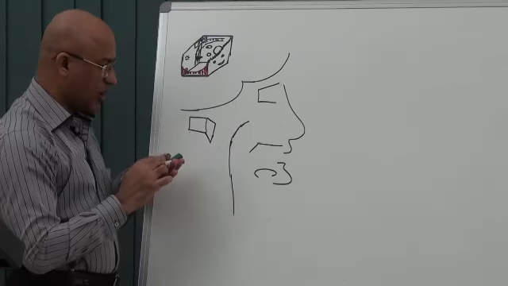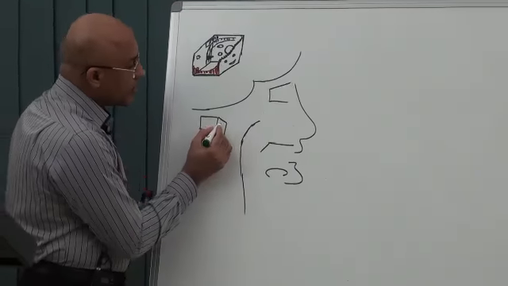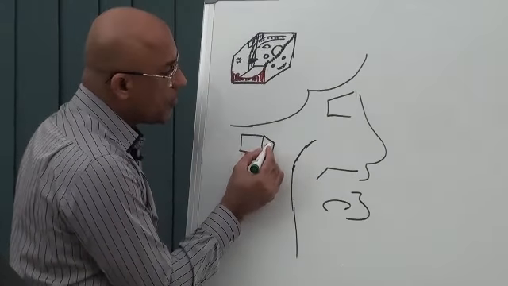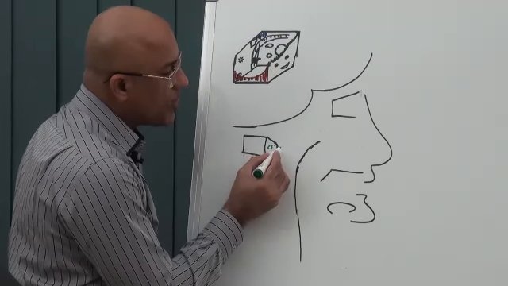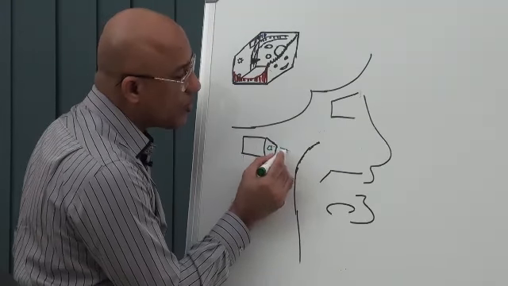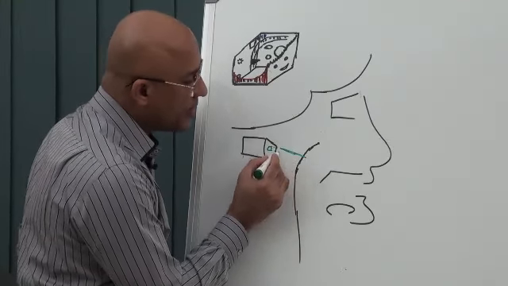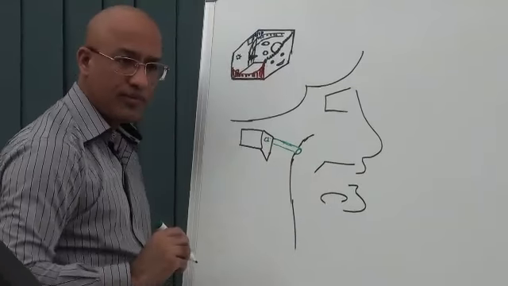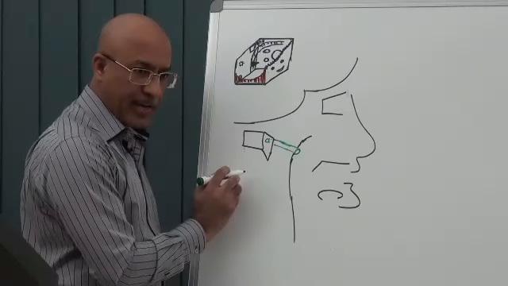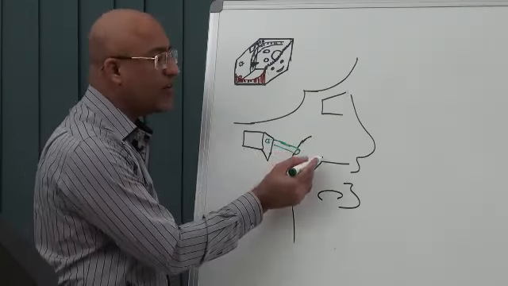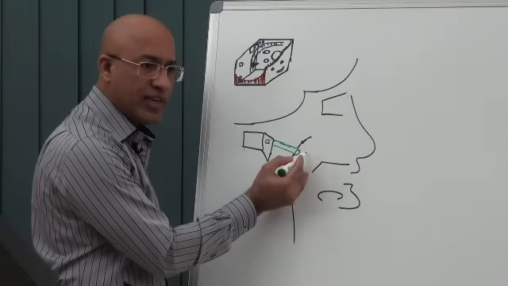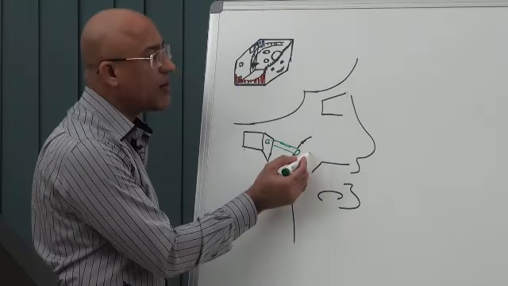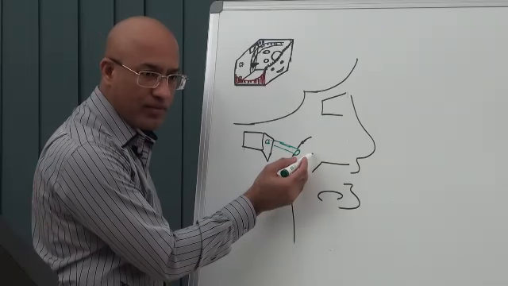Now from its anterior wall, the eustachian tube moves forward and 30 degrees downward, and it opens into the lateral wall of the nasopharynx at the level of the inferior nasal meatus or at the level of the inferior nasal concha, right?